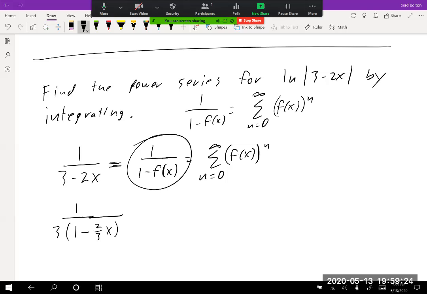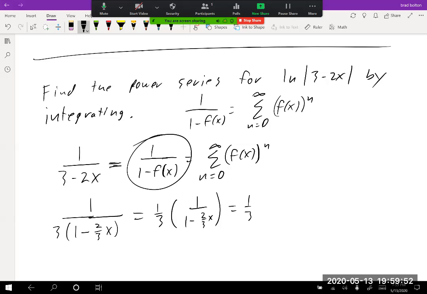Oh yeah, I guess I don't have to clean it all up at once. I was trying to do all of it. Okay, sorry about that. So if I factor 3 out, I get that, and then that means that I have 1/3 times the series. Let me write it like this. So I now know that I have 1/3 times 1 over 1 minus 2/3 x, right?